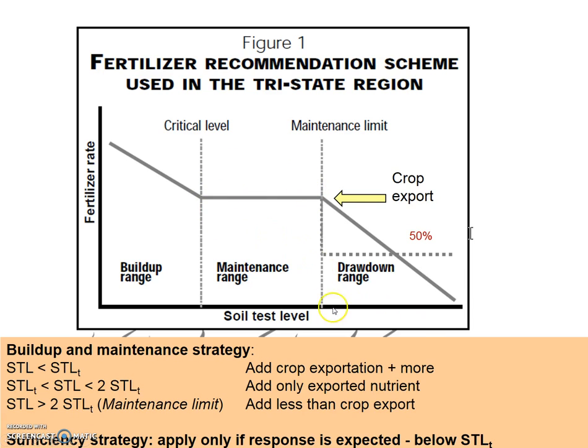If the soil test level is above the maintenance limit, we will apply less than the nutrient exported by the crop. We have different alternatives, for instance, applying 0, or applying 50% of crop exports, or applying a decreasing amount as the soil test level increases.